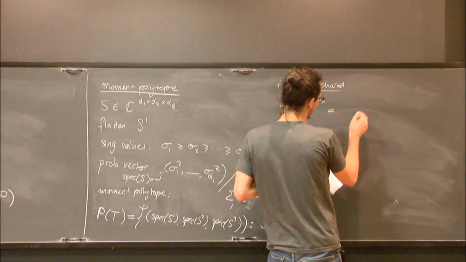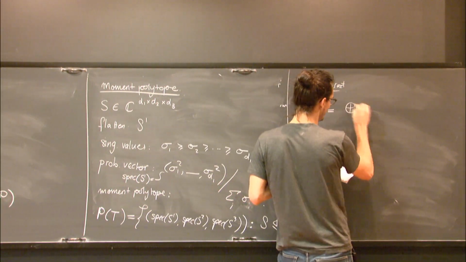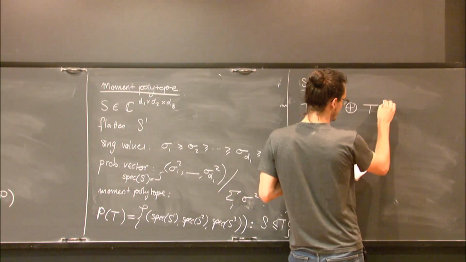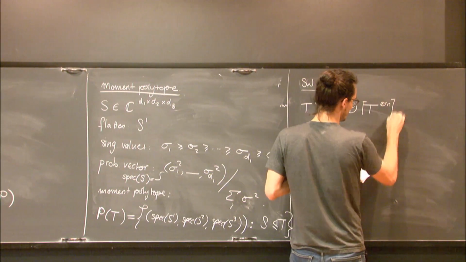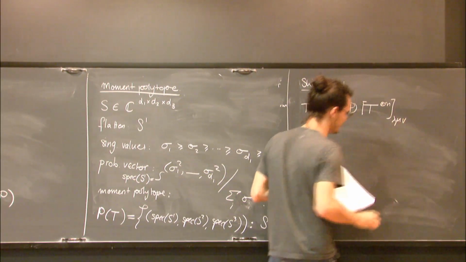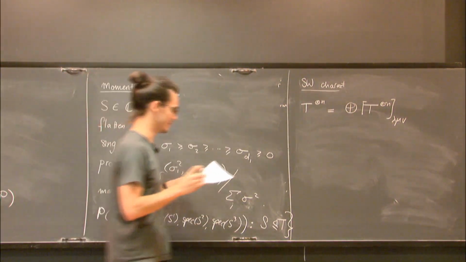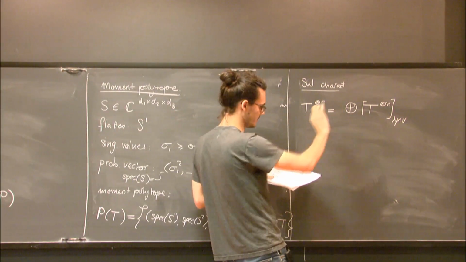So you can write it as a direct sum of tensors that are labeled by triples of partitions. This only makes sense if you know Schur-Weyl duality, but there is a very natural decomposition.